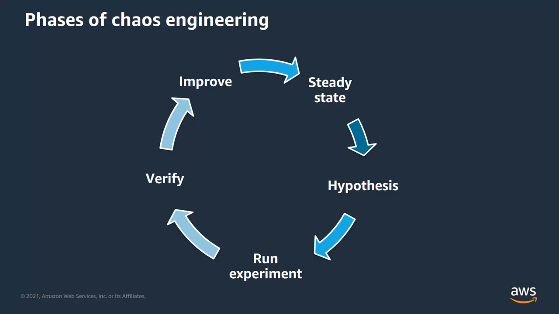Chaos engineering is about breaking things, but in a controlled environment through well-planned experiments in order to build confidence in how the application and the tools you're using can withstand these turbulent conditions.